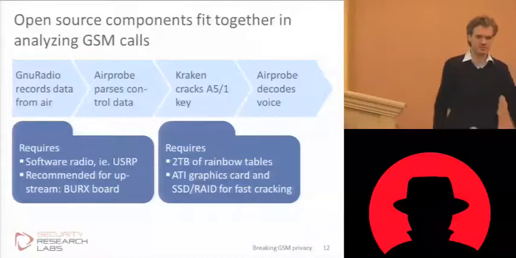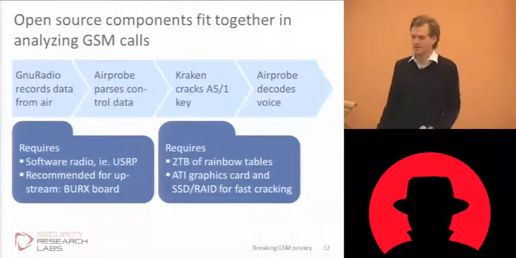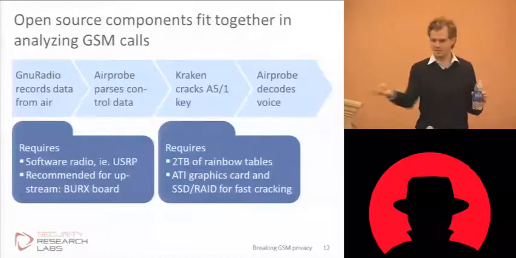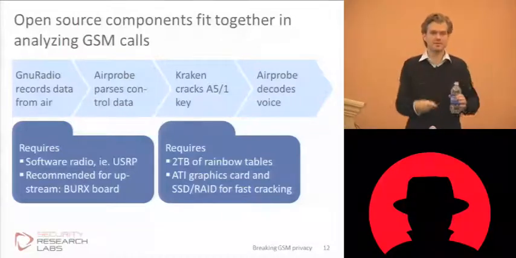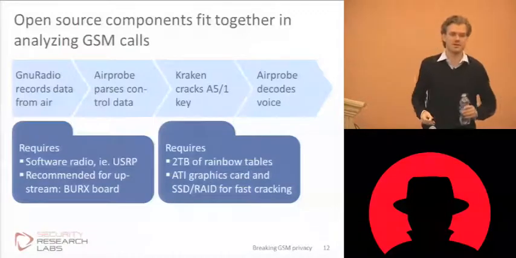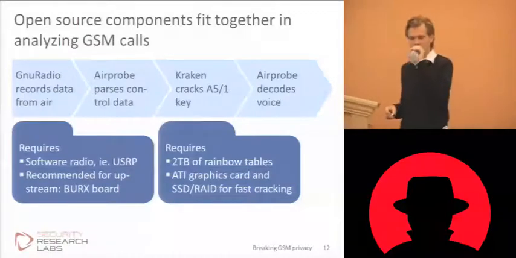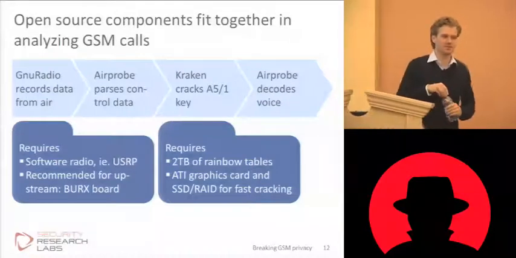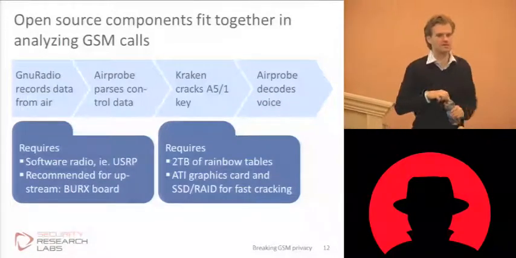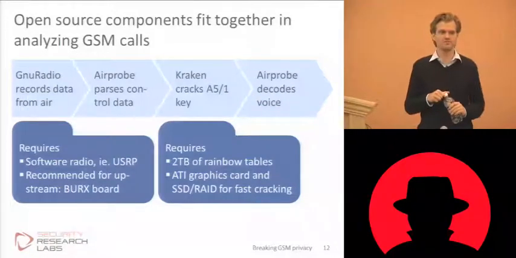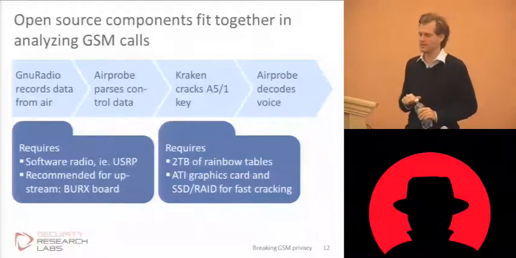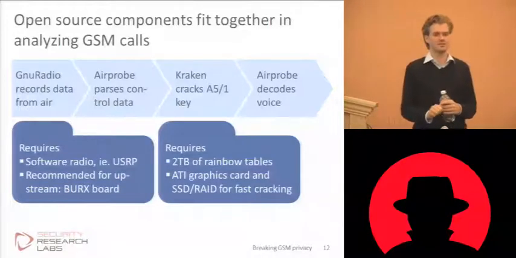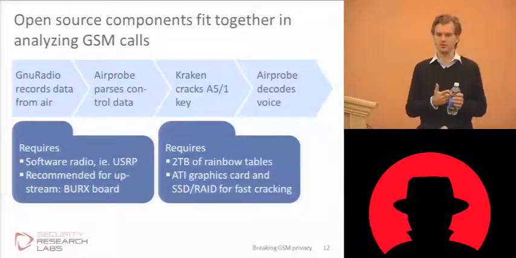Here's all the tools we just used. GNU Radio, as I said, in combination with the USRP radio, you still need some way to interface with the airwaves. Will capture the data for you. Then a new version of AirProbe that has just been committed to the Git or SVN as of today decodes first the beacon channel, then that control channel.